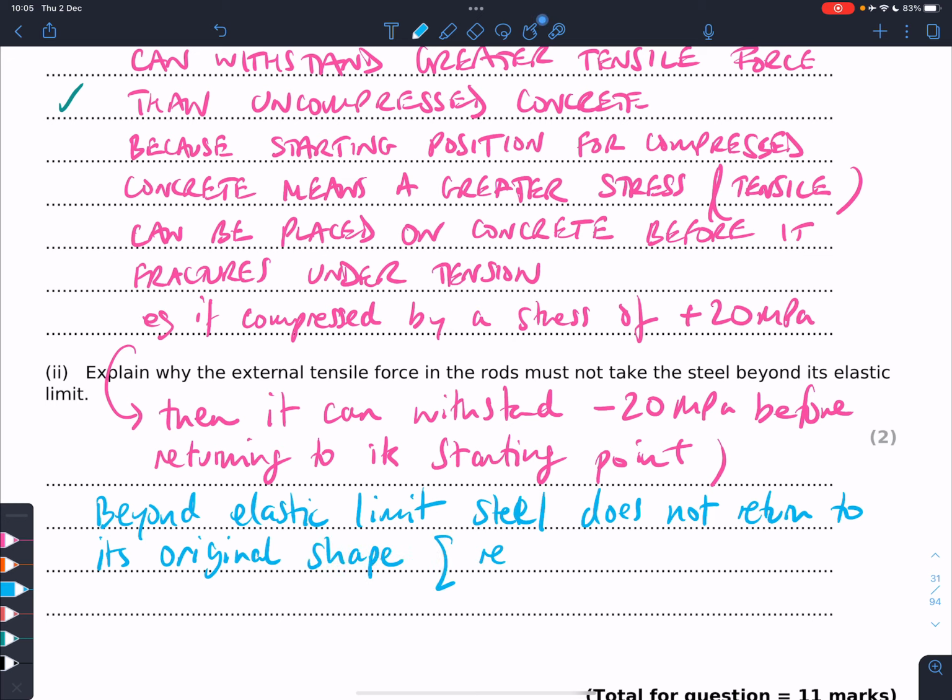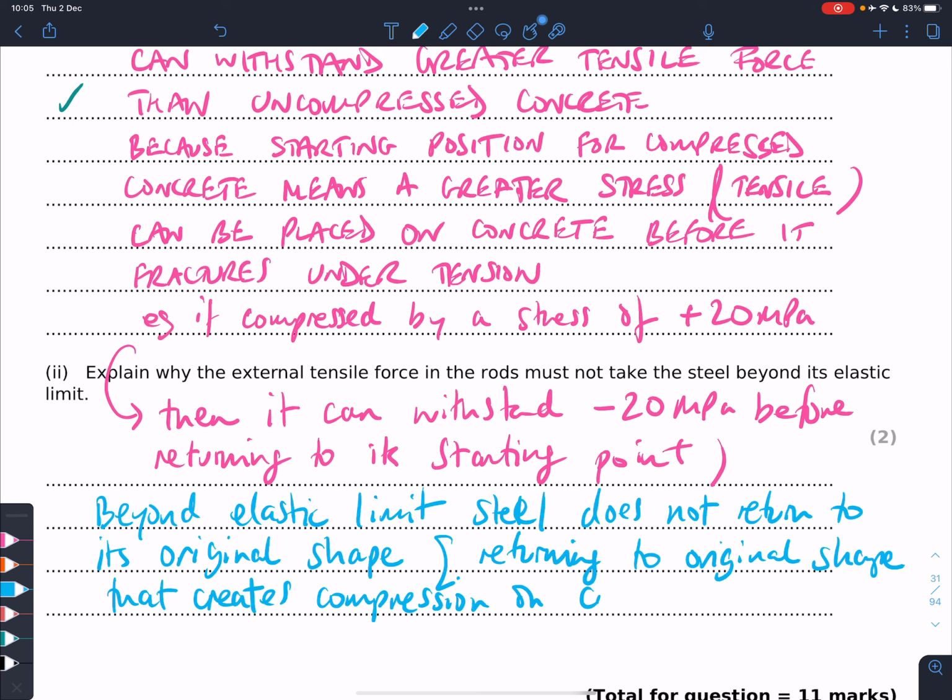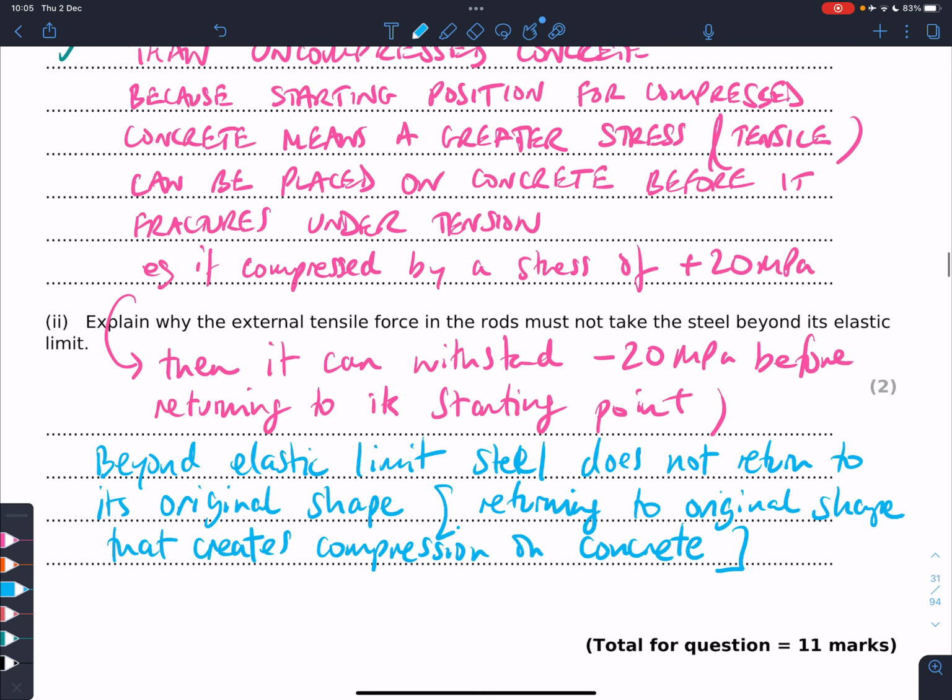And it's the returning to original shape, original length, if you like, that creates the compressive force on the concrete. So if it doesn't return, it doesn't get as much compressive force. So concrete obviously can't then withstand as much tension.